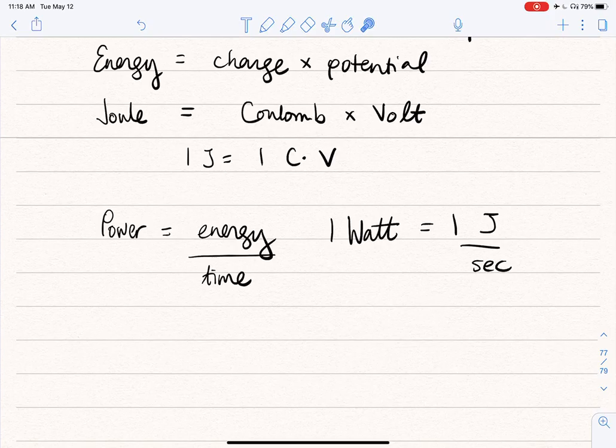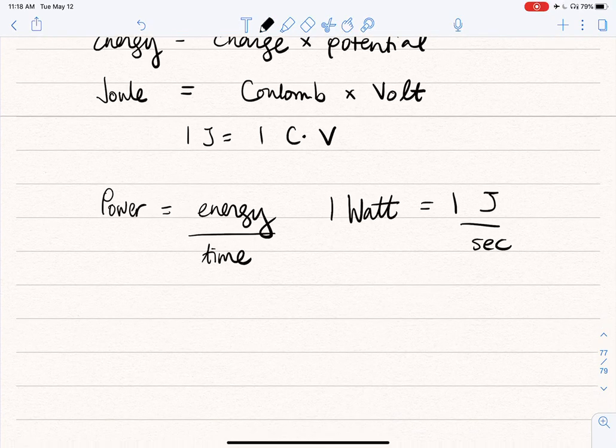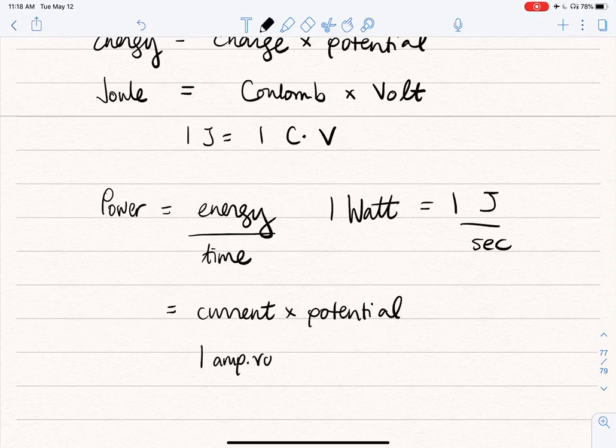Another way of thinking about that, using everything I've said above, is current times potential is equal to power. The unit of current is amp, potential is volt. So 1 amp volt is equal to 1 watt.